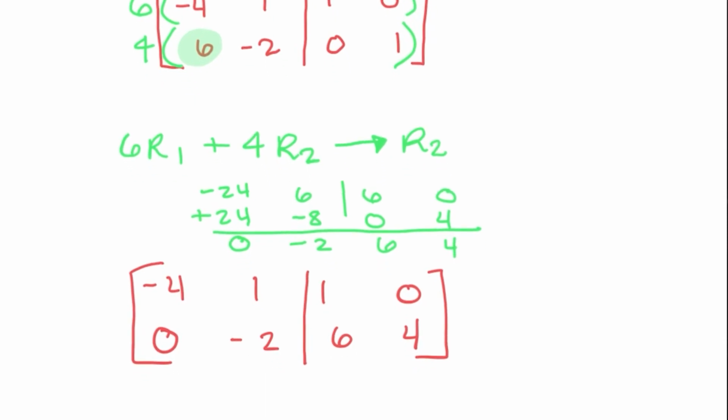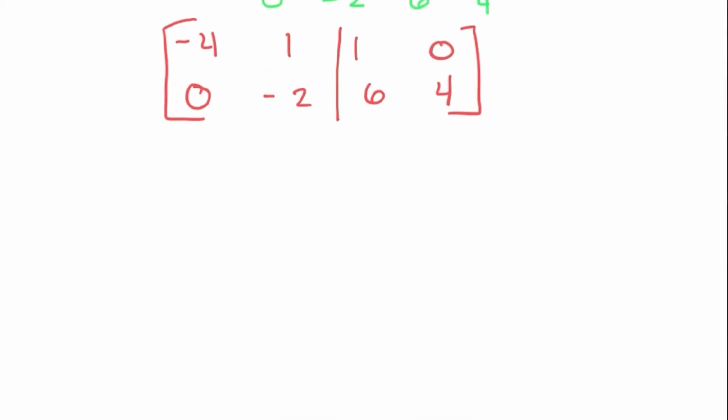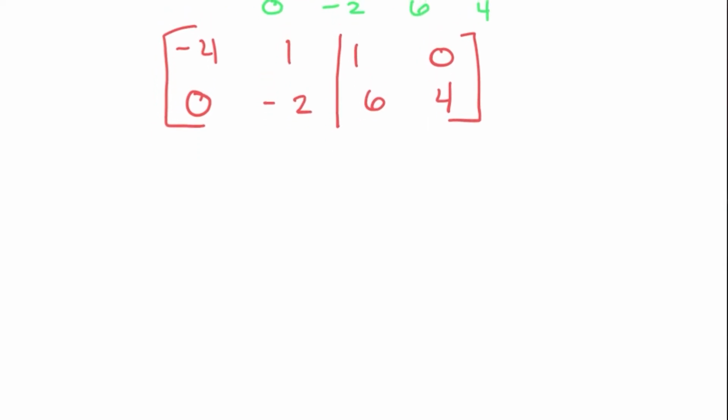So you'll notice we got the 0 that we wanted, so we're one step closer. So now we're going to go based on this matrix. What I'm going to do next is get my 1 right here. Any ideas as to what we could do to make this a 1? Well, what if we just divided that row by -2?